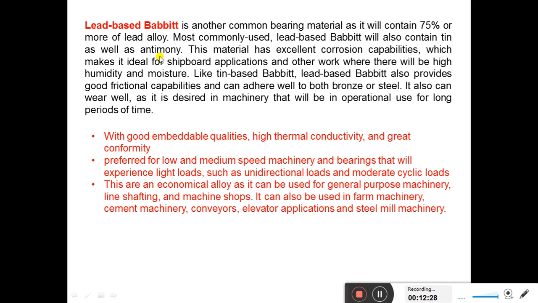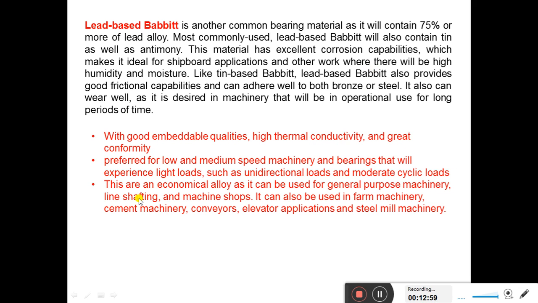Some of the important properties are good embeddability, high thermal conductivity and great conformability. It is preferred for low and medium speed. The previous one is preferred for high speed, but this one is for low or medium speed machineries, because the load carrying capacity is slightly less when compared to the previous one.